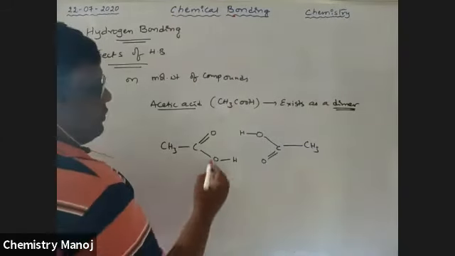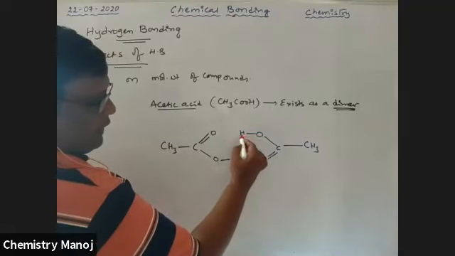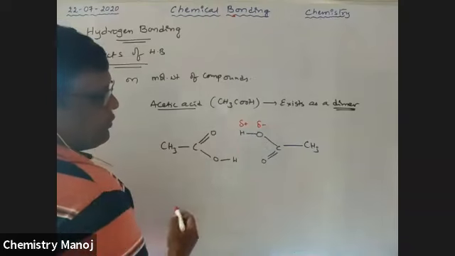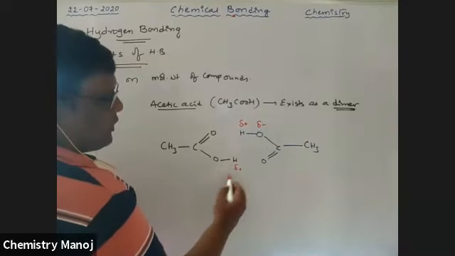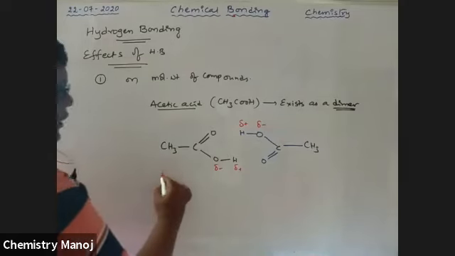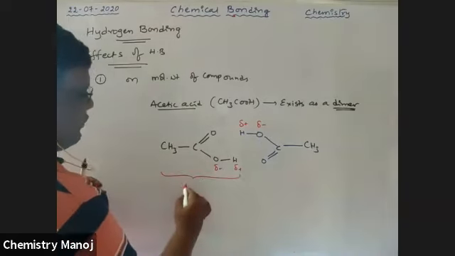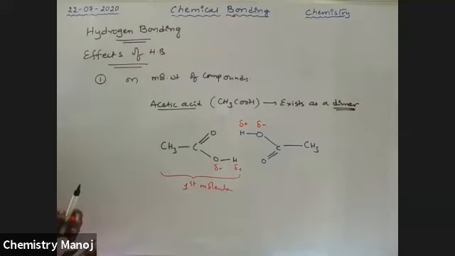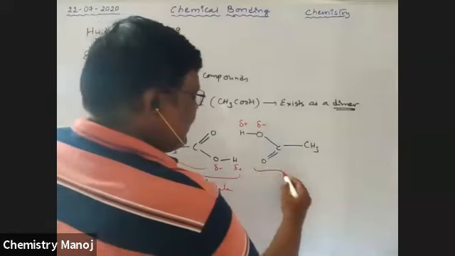Okay, so this oxygen is connected with hydrogen. This hydrogen gets a partial positive charge, and this oxygen gets a partial negative charge. Here also, this hydrogen gets a partial positive charge, and this oxygen gets a partial negative charge. This is the first molecule, and this is the second molecule.